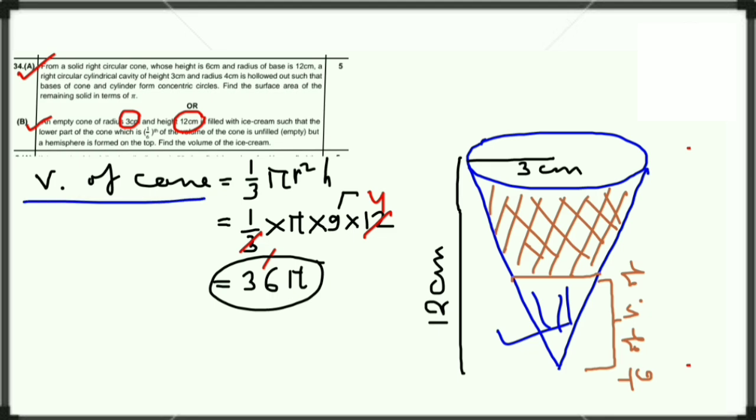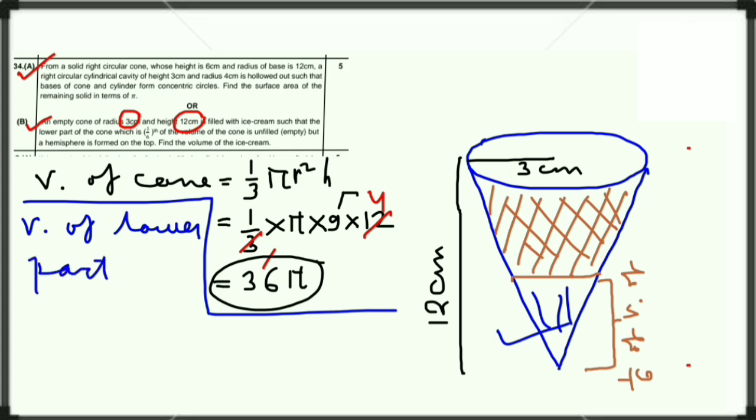Let's find over here the volume of the lower part of the cone which is unfilled. It will be, it is given 1 by 6th part of the volume of the whole cone.